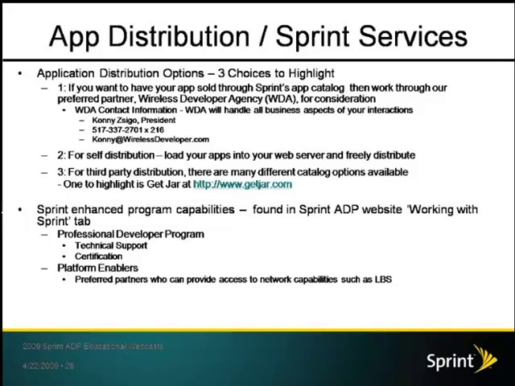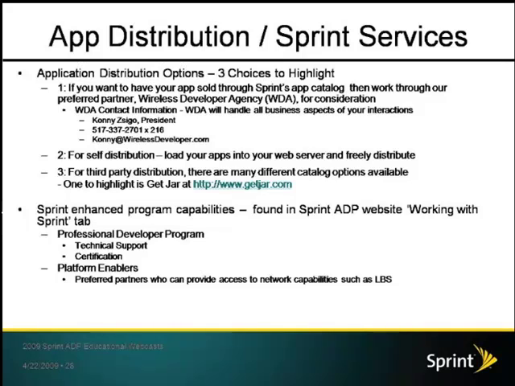The last thing we want to touch on is a couple of programs Sprint has, and if you want to take advantage of those programs, you can. The first is called the Professional Developer Program. It is a pay-for support program where developers can apply to join. There is a $5,000 a year fee. In that program, developers get access to certain core capabilities, such as enhanced level technical support.